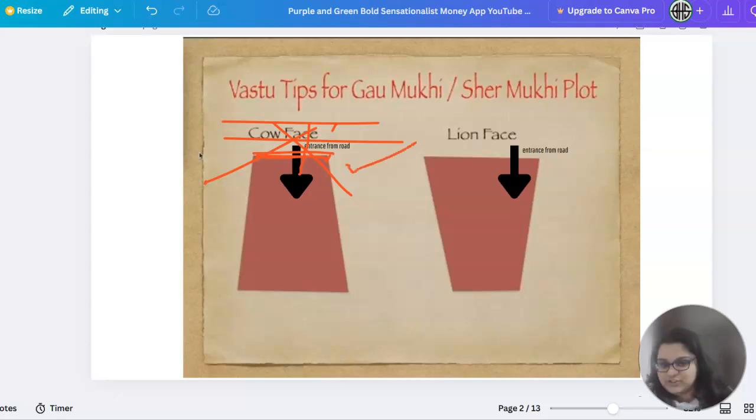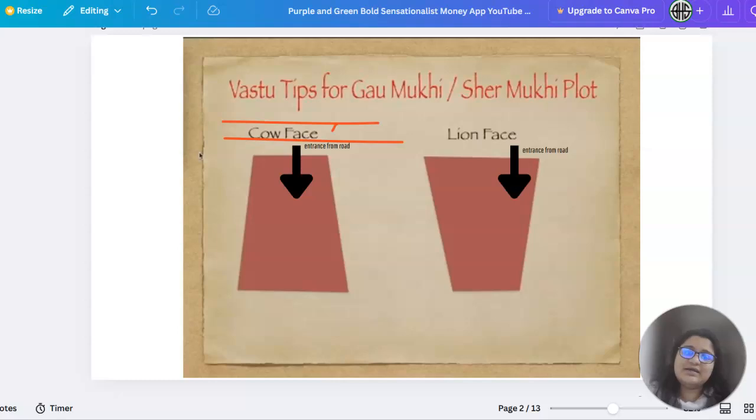Let us come to a commercial perspective on the same thing. Okay. So again, when we consider the commercial perspective, and again let us consider the road itself, what happens for a commercial plot? The visibility must always be more, because when you are looking at a commercial space, you want to go into it, you want to buy it. It must attract the visibility, like the eyes of the people either walking on the road or just looking and understanding how exactly the entrance is going to look.